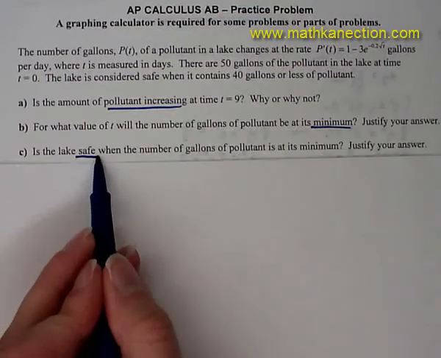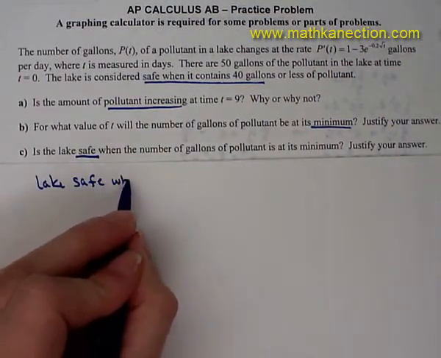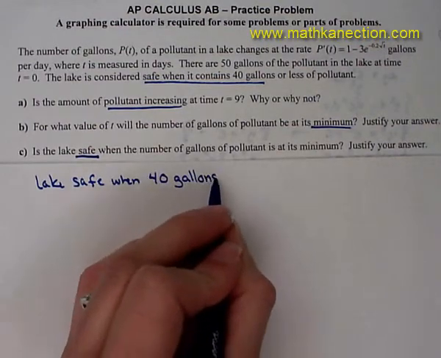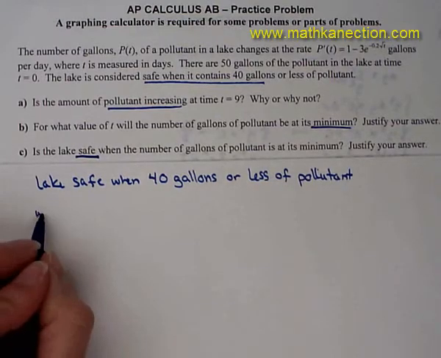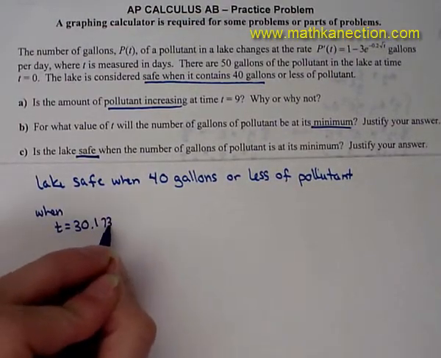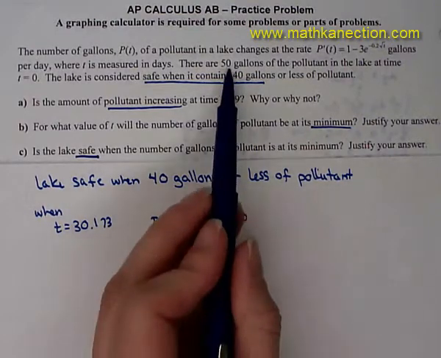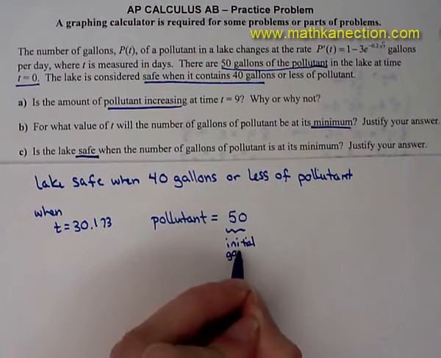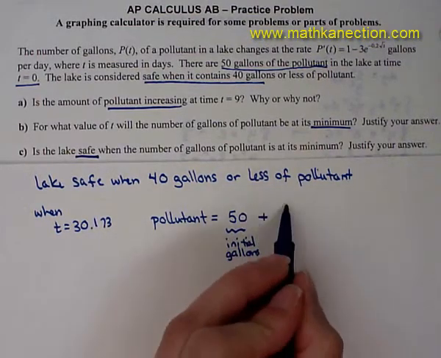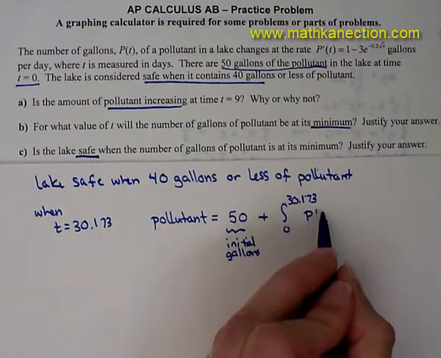Part C, we want to know when the lake is going to be safe, which happens when we have 40 gallons or less of the pollutant. So when time was equal to 30.173, which is when the pollutant was at its minimum, we started off with an initial value of 50 gallons of pollutant in the lake, plus the integral from 0 to 30.173 of p prime of t dt.